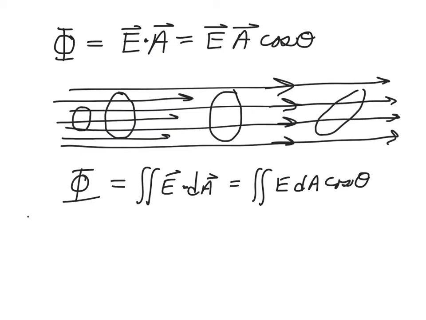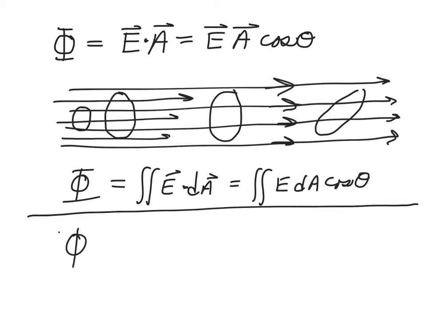Now when we move to Gauss's law, that's often confused. Gauss's law is related to flux, but it's the relationship between the electric flux over a closed surface. So this is the definition of electric flux over a closed surface.